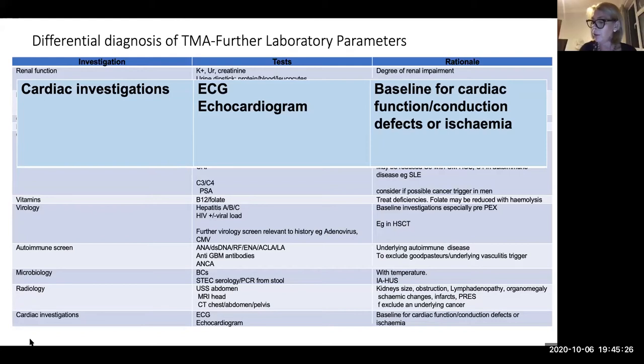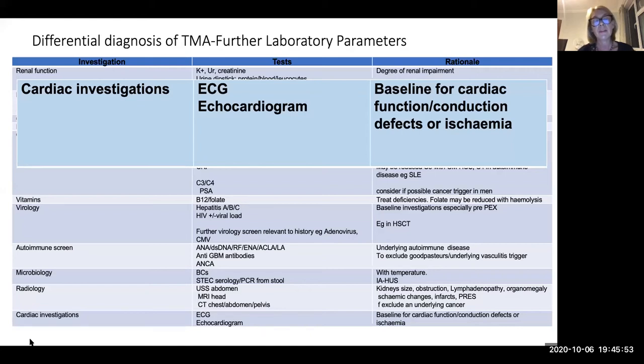So as you can see, we do quite a lot of investigations at presentation, and I haven't included obviously the full blood count and ADAMTS13 testing, which I've suggested as a given. In follow-up, we do the full blood count, the kidneys, the liver, and an LDH level, which is a good marker of cell breakdown. It's a good screening test.